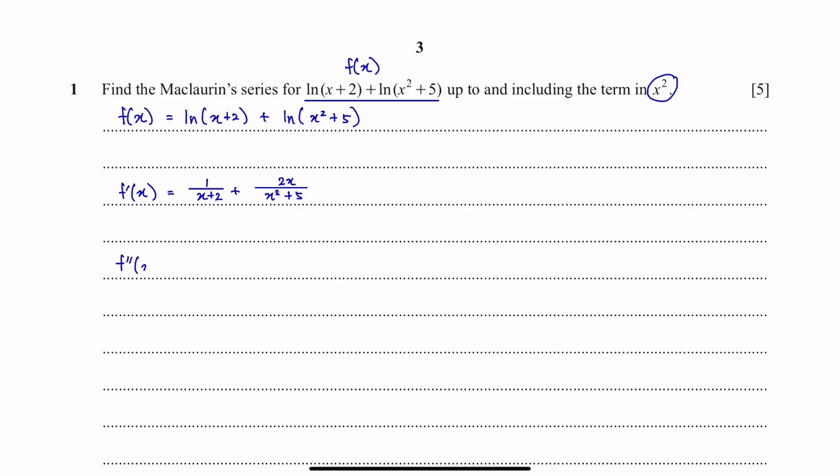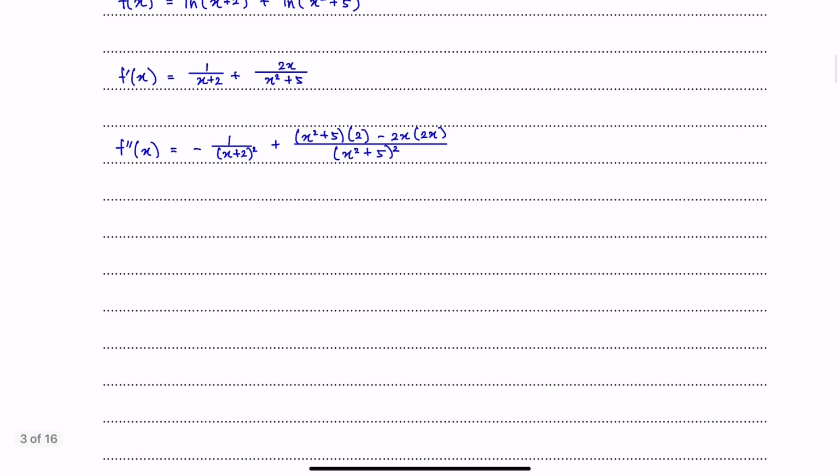For the second derivative, it would be negative 1 over (x plus 2) squared plus [(x squared plus 5) times 2 minus 2x times 2x] over (x squared plus 5) squared. So now let's simplify so that it looks nicer.